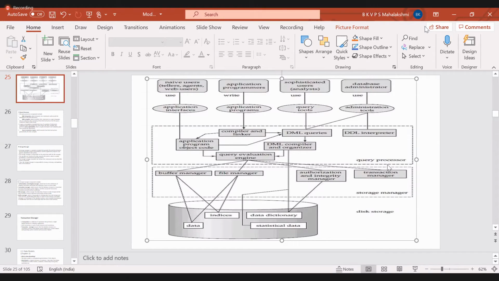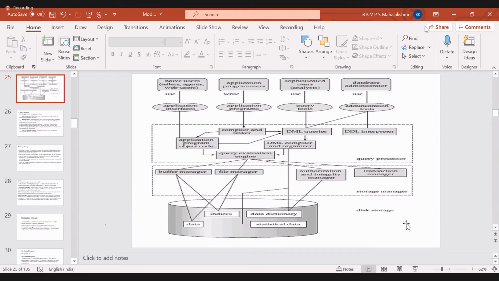Whatever I discussed about each and every component in all these levels, you just remember and go through the explanation mentioned in the PPT, and definitely I'll share the material with you 2 days before the exam.